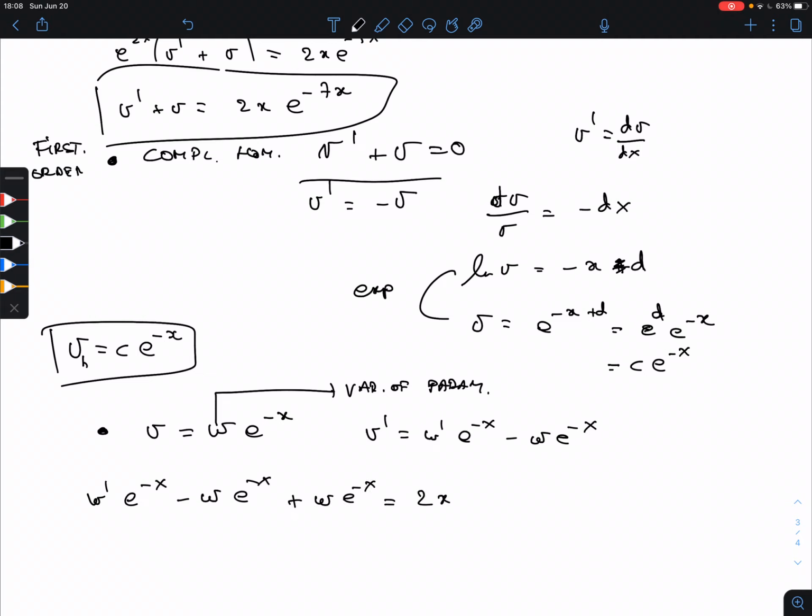So du is dx, and v is e to the minus 7x over minus 7. So this is equal to uv minus the integral of v du. That is equal to x e to the minus 7x plus 1/7 times the integral of e to the minus 7x dx, right?